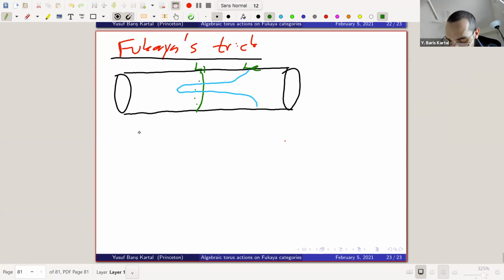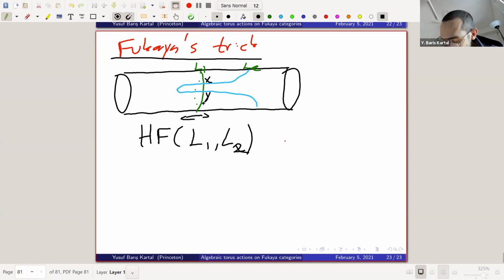And I want to talk about the Floer homology group HF of L1, L2. In this case I'm going to deform L1. So this is like two generators.